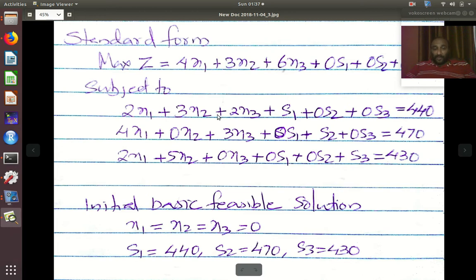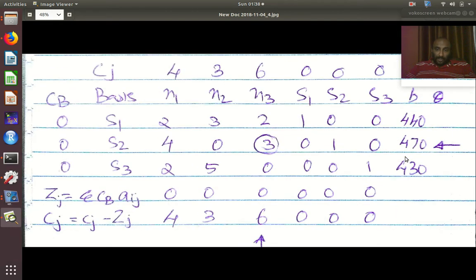From equation 1 we get s1 equal to 440 because the other terms become 0, from equation 2 we obtain s2 equal to 470, and from the third equation we obtain s3 equal to 430, which serves as the initial basic feasible solution. With this we will go into the iteration.